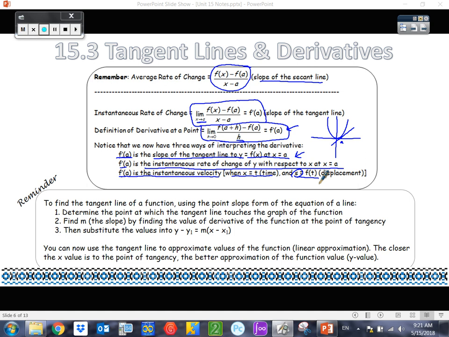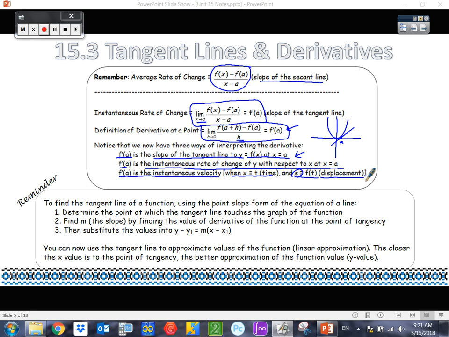This is when our variable x is actually t for time. You would have dealt with these in physics, where you're dealing with velocity and time. So those are some of the main uses of the derivative.